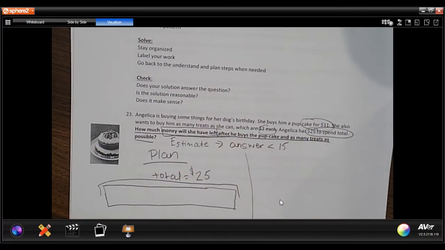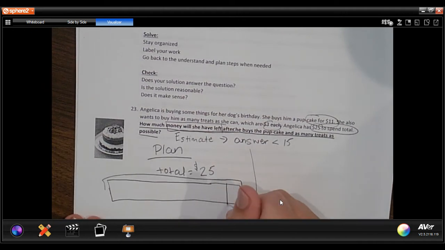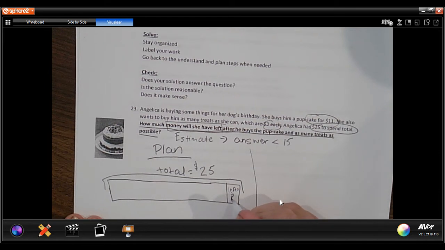So the total is not always going to be what we're trying to find out. We know how much money she has. And I'm going to right now put in left. I'm going to add a category for how much she has left because that's going to answer my question. Equals question mark. So I always want to make sure somewhere I have a question mark that's going to answer my question. So what I'm trying to find is how much she has left over.